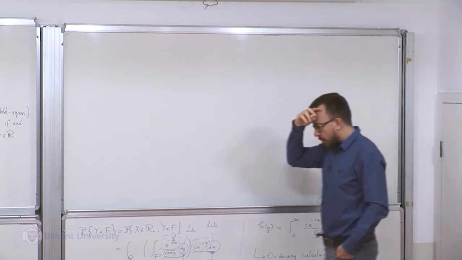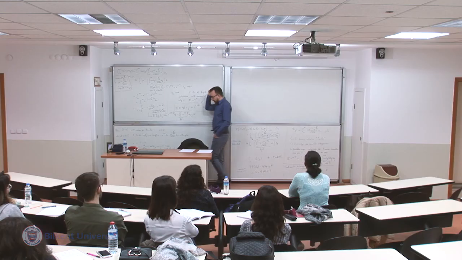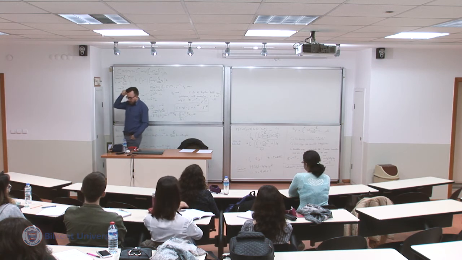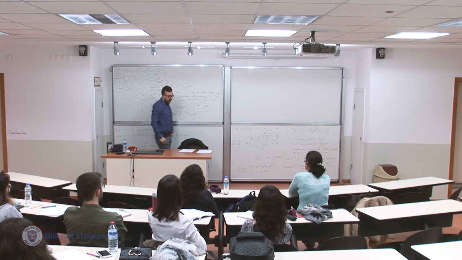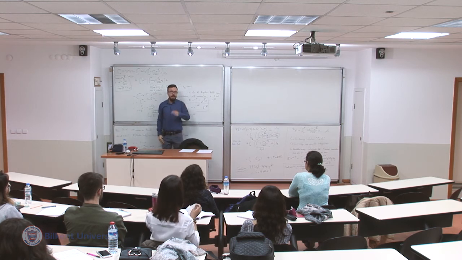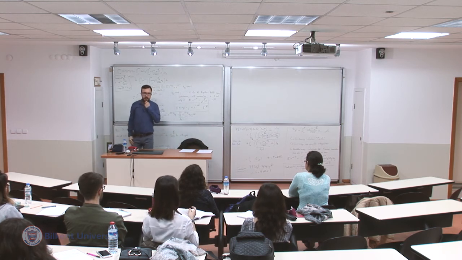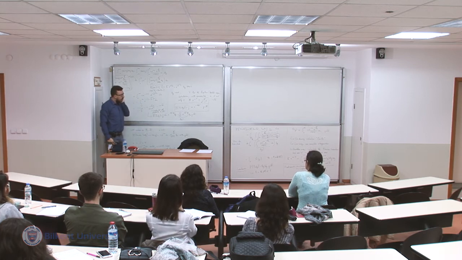Okay, so I guess that's it about random vectors, but I just want to spend some time on how to generalize those ideas to n-dimensional random vectors. It's going to be quite routine.